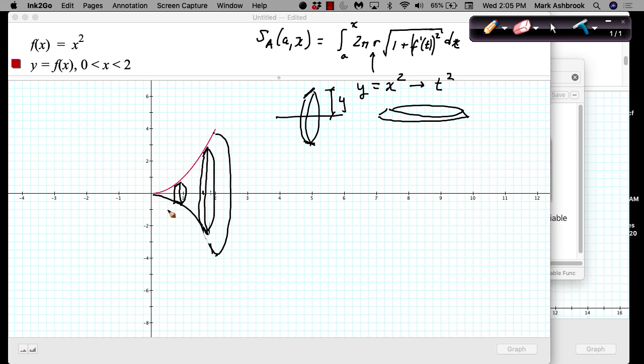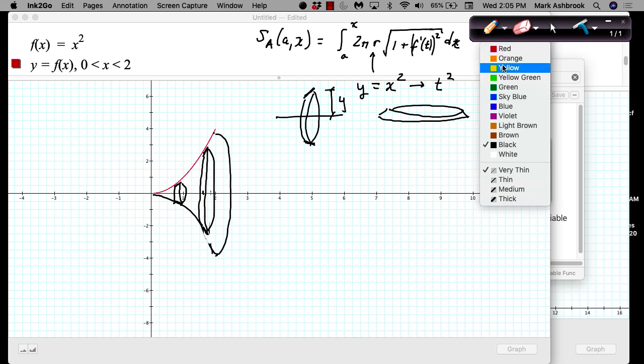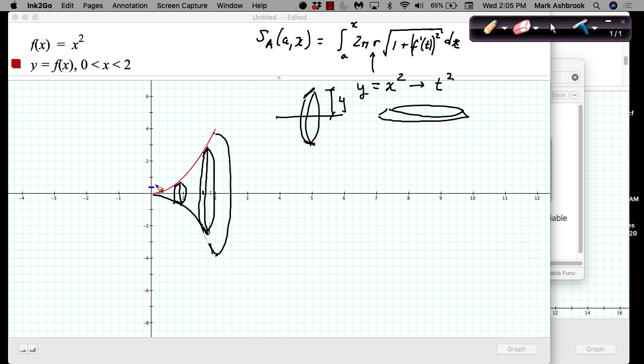Now I'm going to do the same exact Hershey's Kiss, rotating it around the x-axis, but now I'm going to let y vary through delta y intervals. It's the same surface rotated around the x-axis.